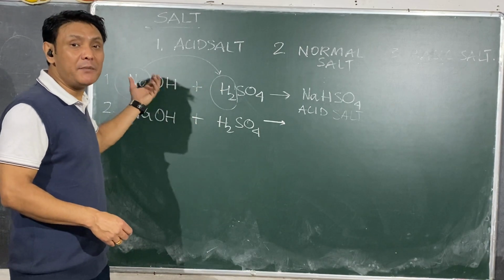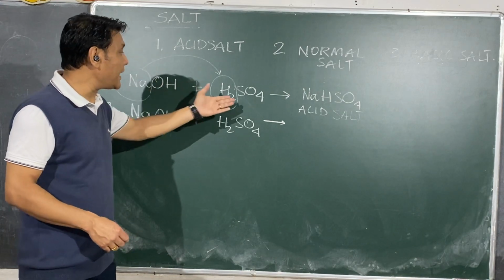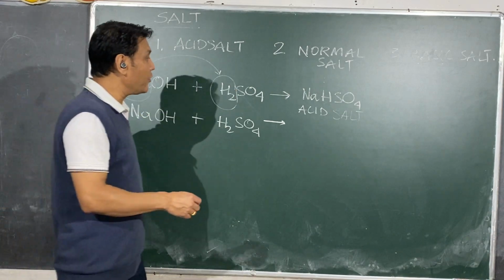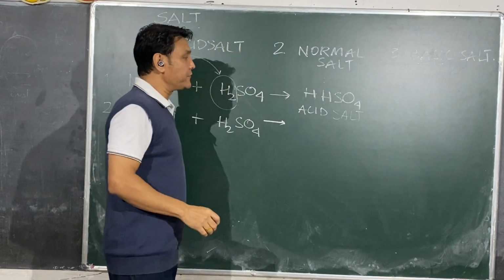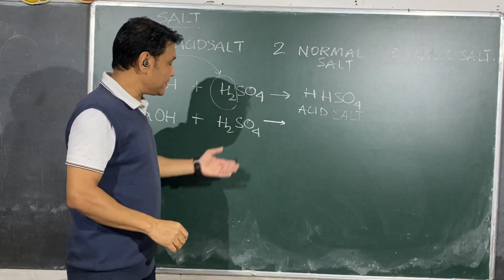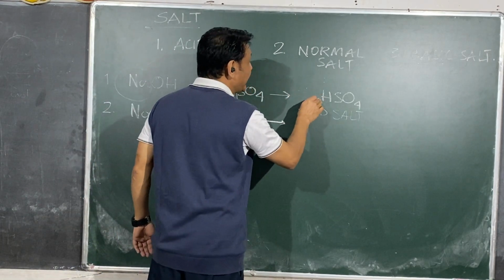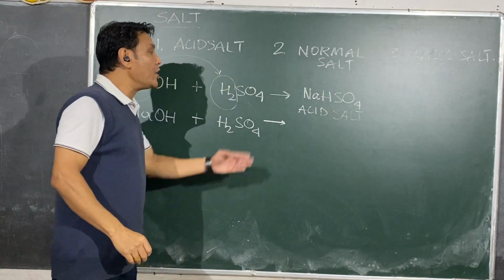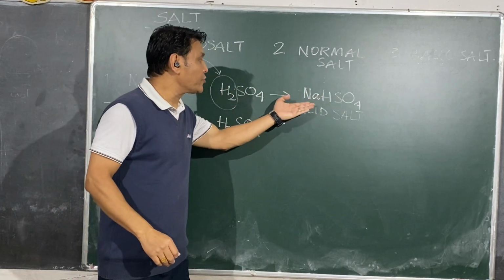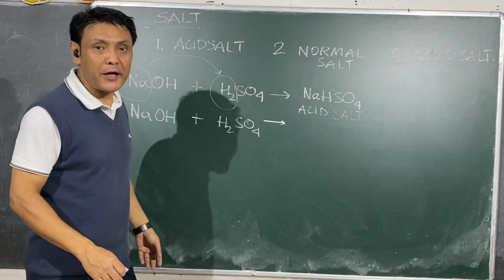The amount of sodium is less in the solution of sodium hydroxide and sulfuric acid. So therefore, since there are two atoms of hydrogen in the sulfuric acid, only one hydrogen will be replaced by sodium, and it becomes an acid salt. Sodium bisulfate or sodium hydrogen sulfate. The choice is yours. Okay.